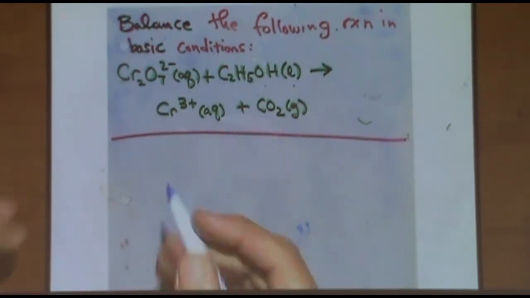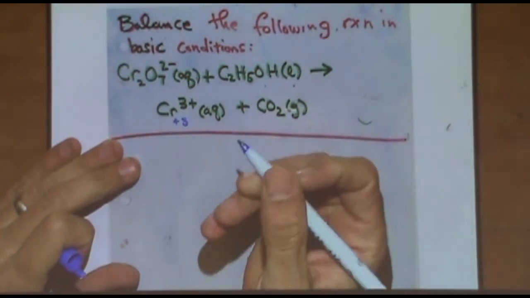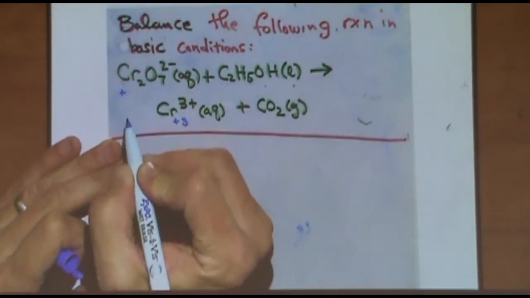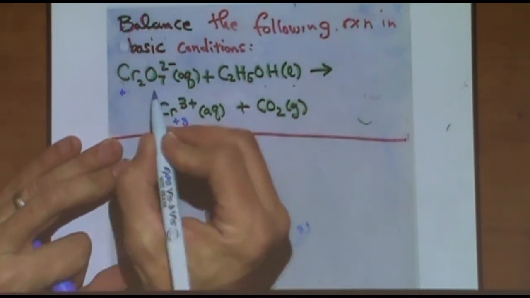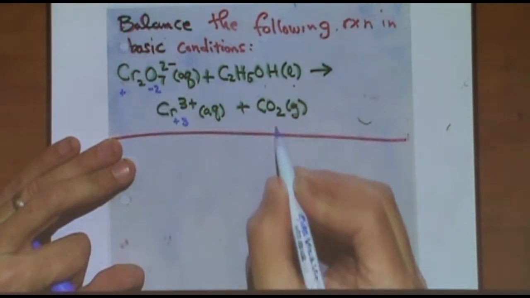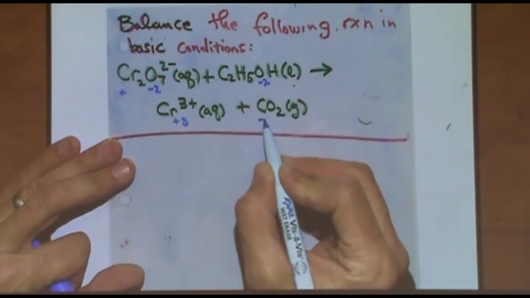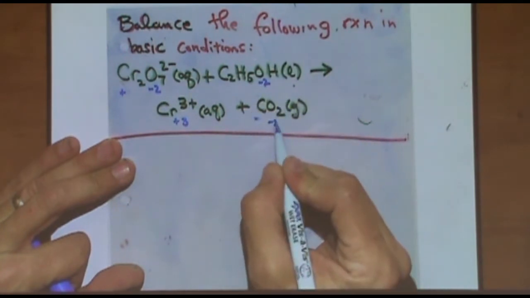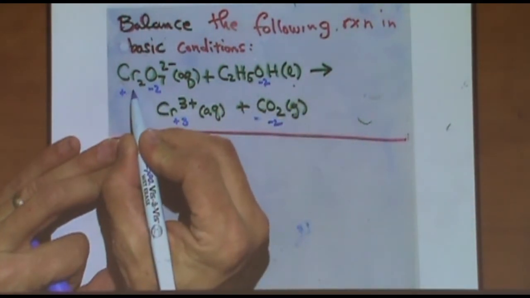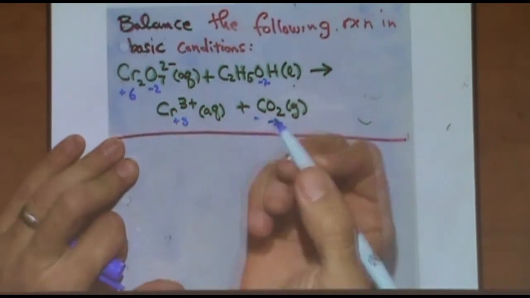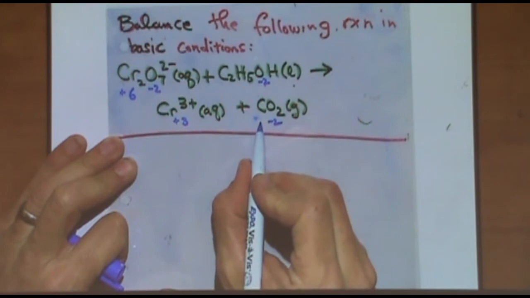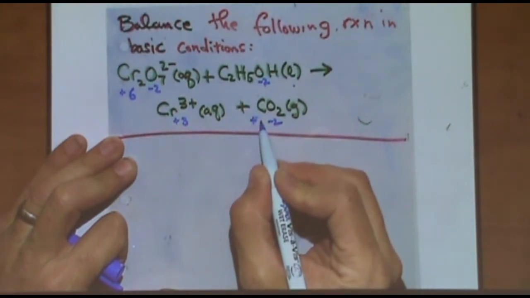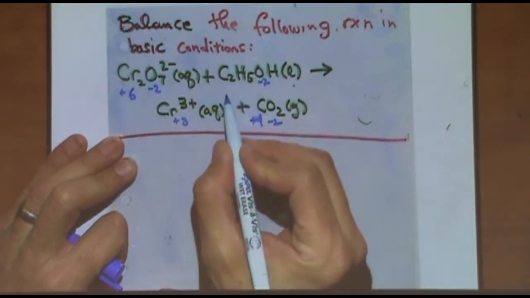Alright, I'll do the easy one. This is +3. What's chromium right here? It's plus something. Well, oxygen, I'll do the other easy one: -2, -2. Oxygen's -2. That's plus what? 6. I agree. Just for fun, let's do this carbon right there. +4.